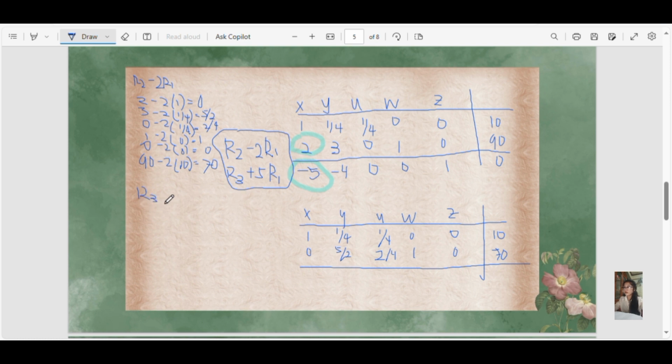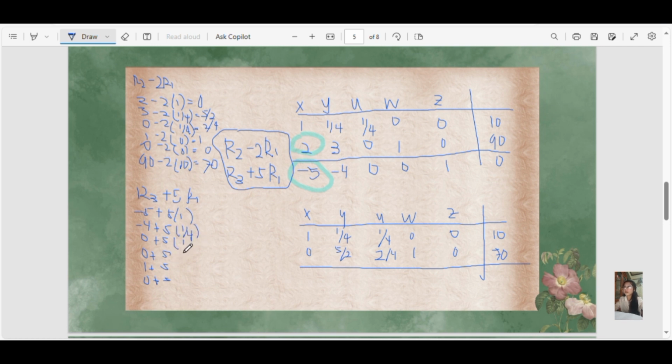Last, we're going to perform R3 plus 5R1. Row 3 again: -5, -4, 0, 0, 1, and 0. Positive sign, add 5 times R1.